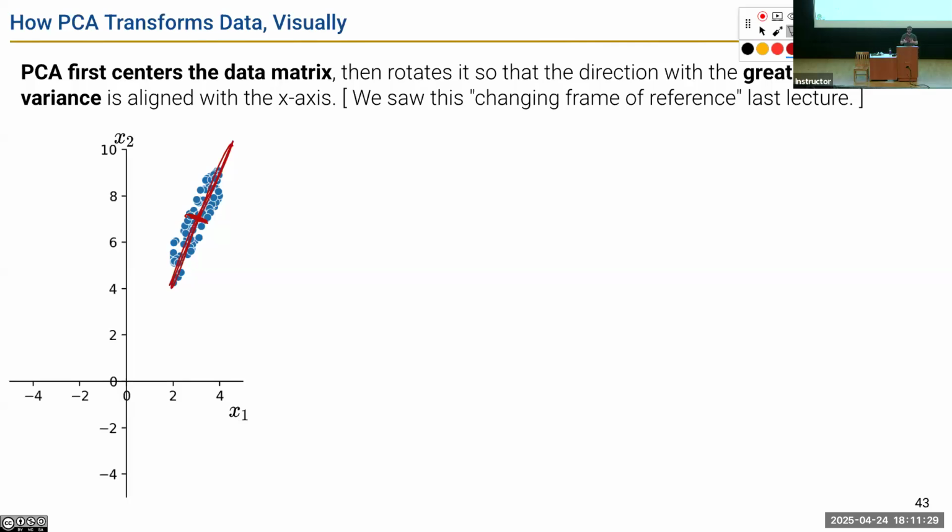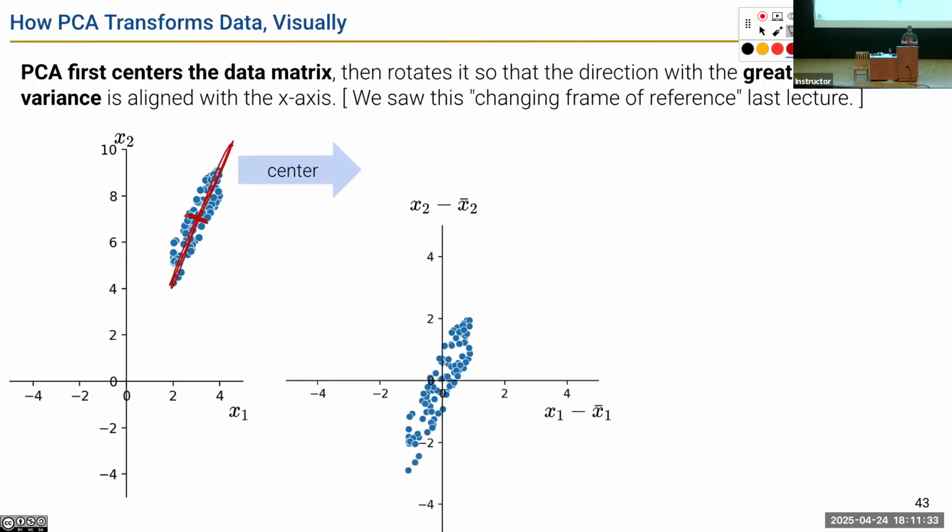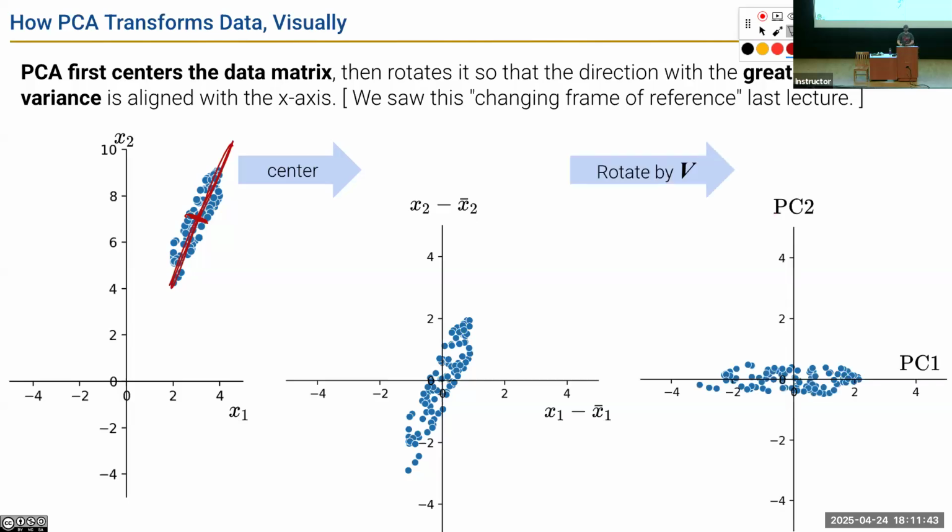And so what is PCA doing under the hood? Well, first, we center our data so that everything is centered around the origin. Okay, so that covariance matrix computation looks nice. And then what does the V matrix actually do? Matrices can perform transformations. V rotates the data so that it's aligned along the axes with the most variance. Okay, this is what's going on under the hood.